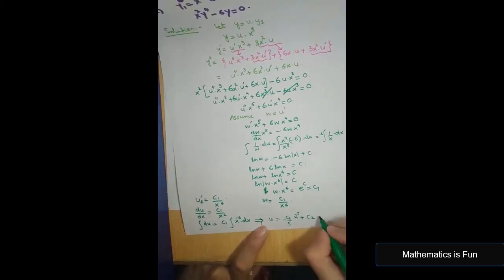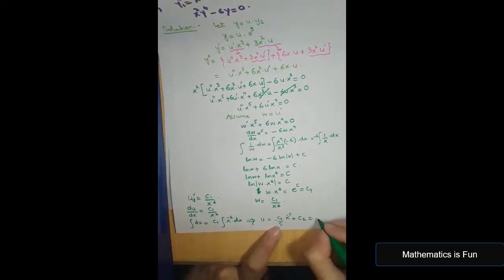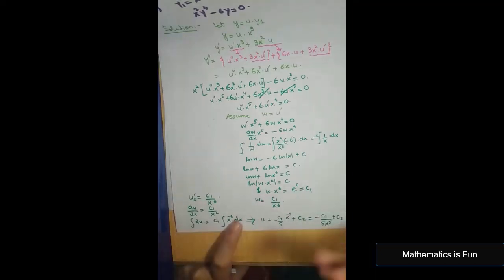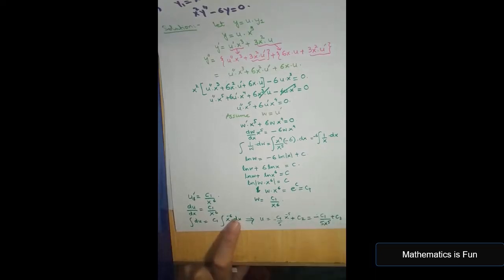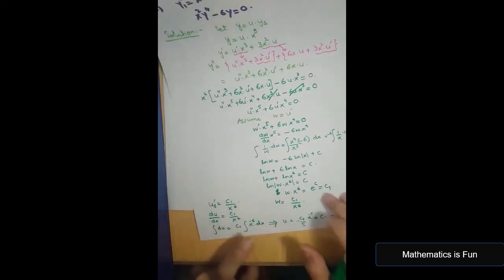Okay, writing it again, arranging it again: minus c1 divided by 5 x to the power 5 plus c2.